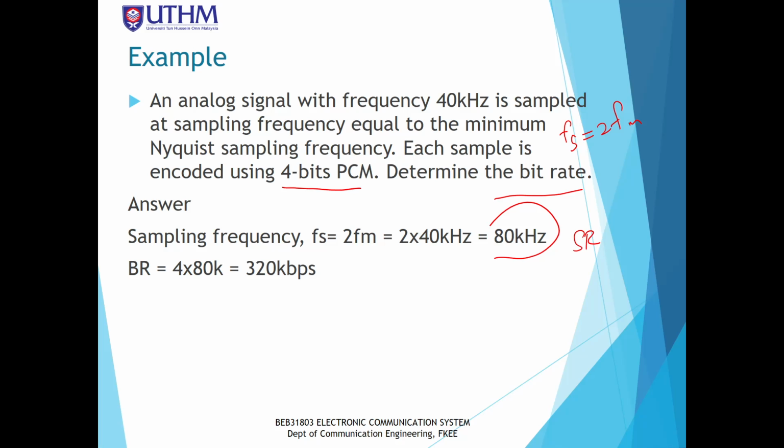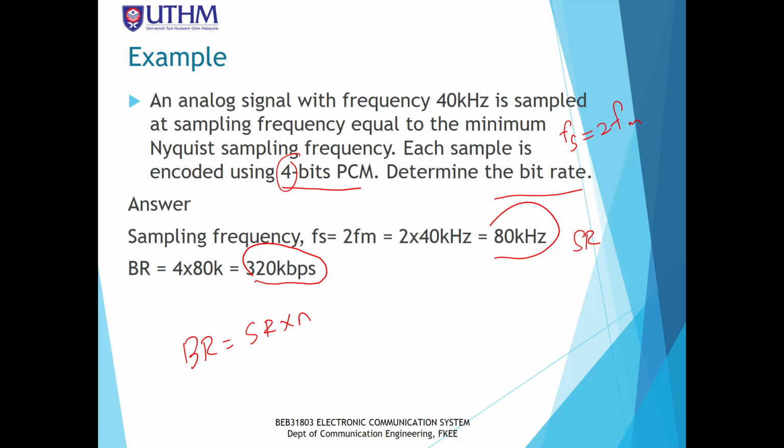Okay. So in order to get the BR, BR is equal to SR multiplied by the number of bits. Okay. So you multiply by 4, so we use 4 bits. So therefore the bit rate BR is equal to 320 kilobits per second. Okay.